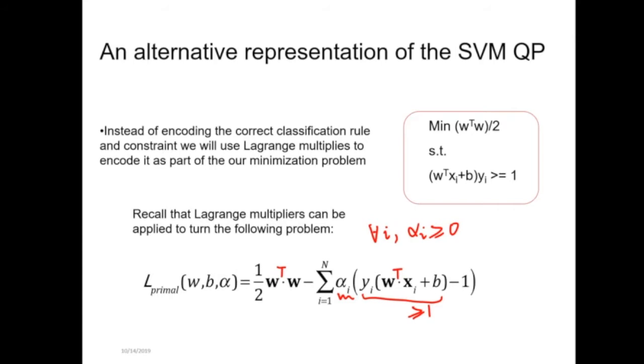Questions about this? If you learned about numerical optimization, you should learn this in the basic form: how do you add constraints into the scoring function? In this case, there are totally n different constraints.